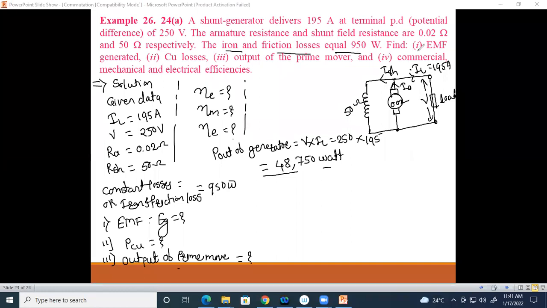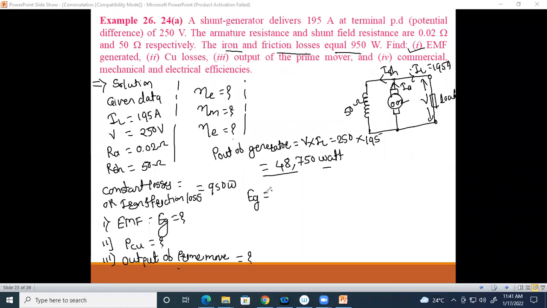Now we want to calculate first the induced EMF, or EMF generated. Which formula can I use here? There are two formulas: the voltage equation and the generated EMF equation.